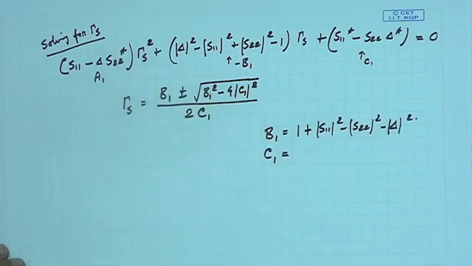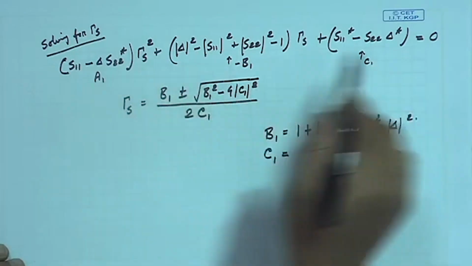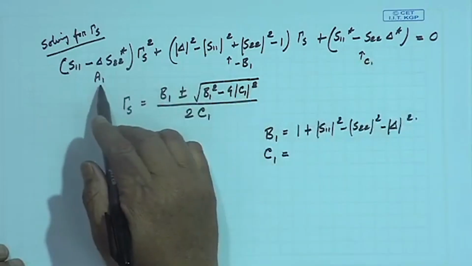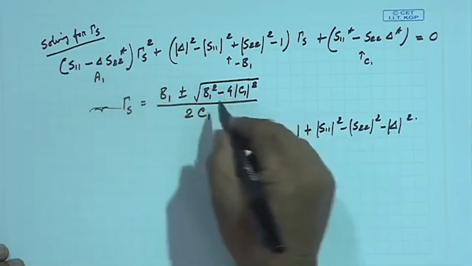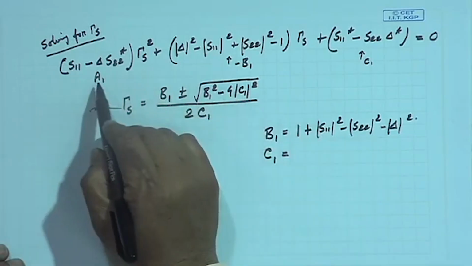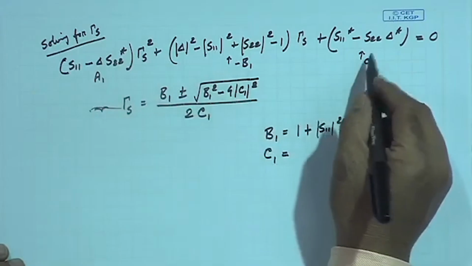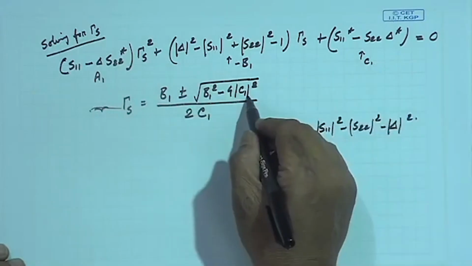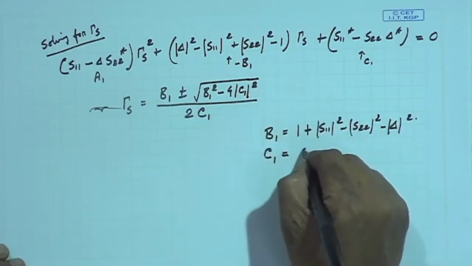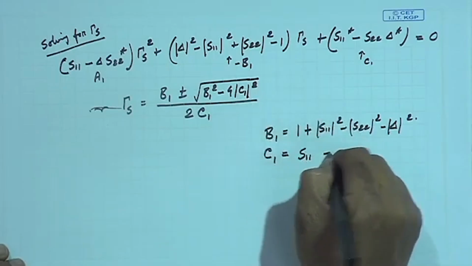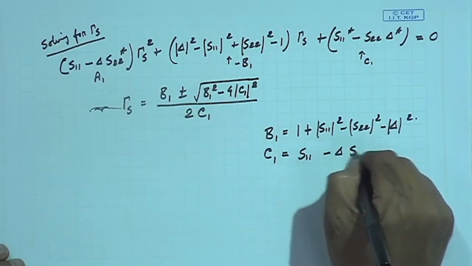A1 and C1 are complex conjugates of each other, which is why we get 4 C1 magnitude square, and C1 is S11 minus delta S22 star.